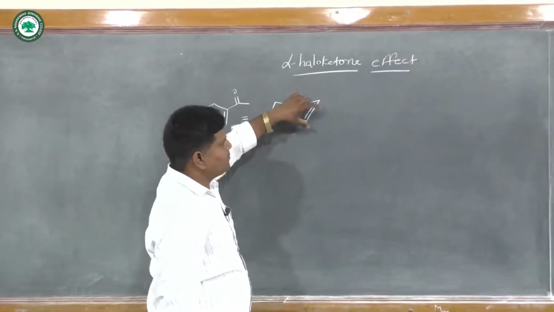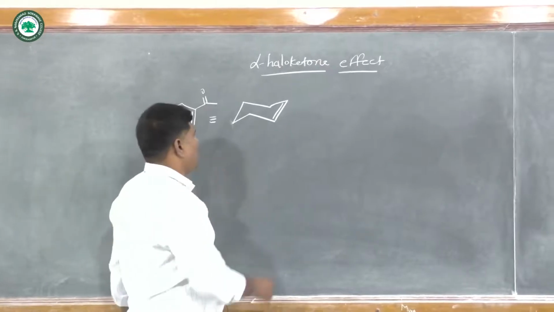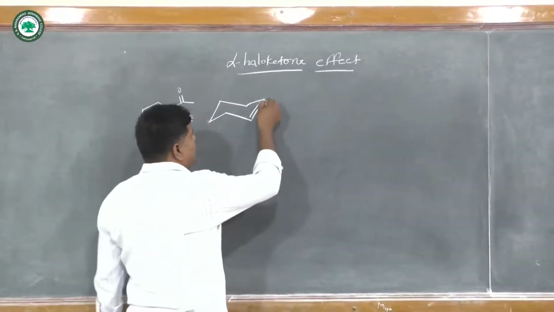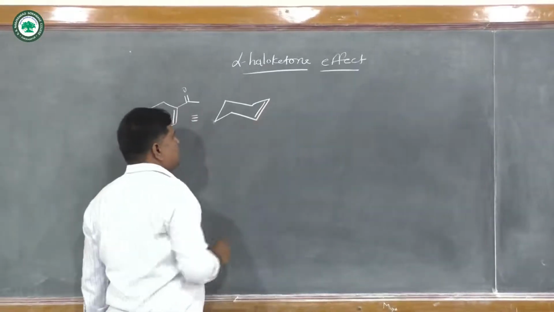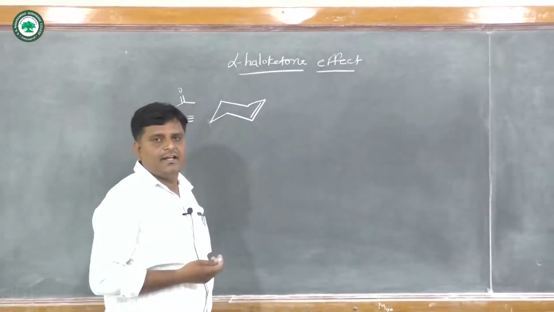Here these two carbon atoms are sp2 hybridized, and all the other 4 carbon atoms are sp3 hybridized, so the geometry of the 6-membered ring is somewhat distorted.